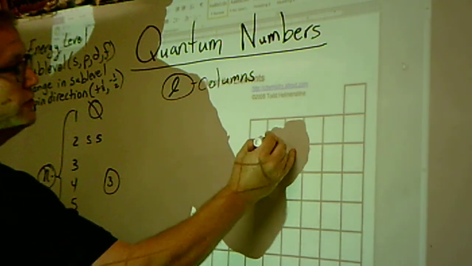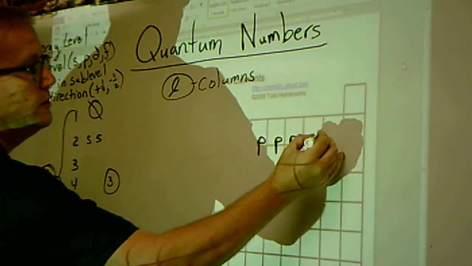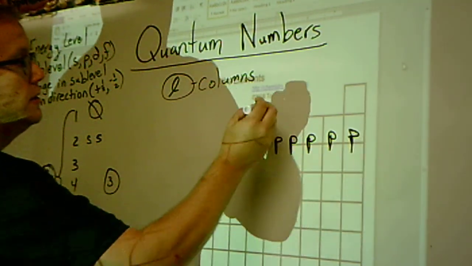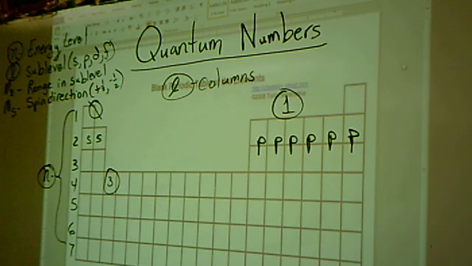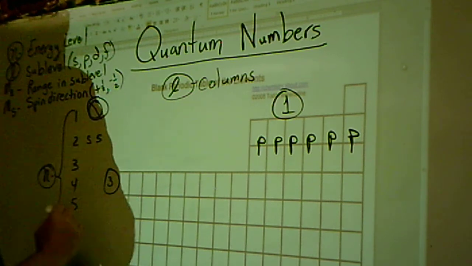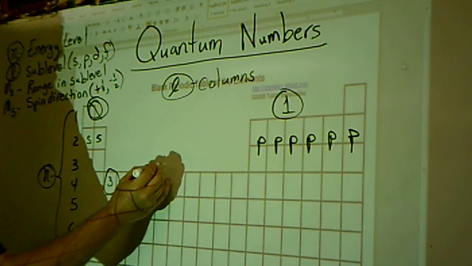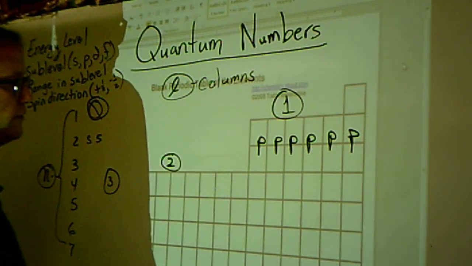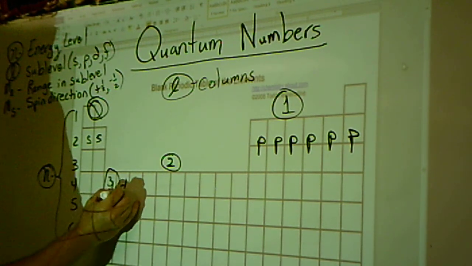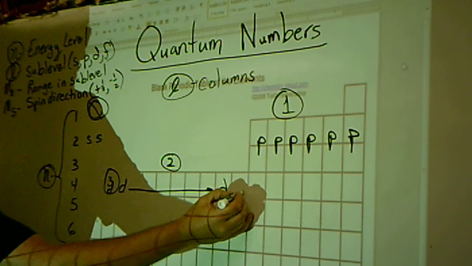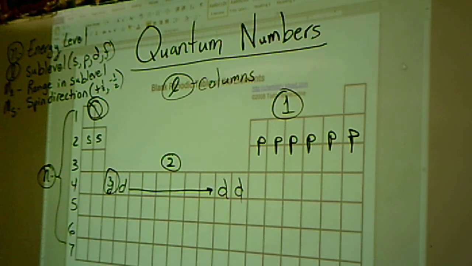Then I have these ones that are the P's, and the next number up would be 1. And then this would be 2, because it's the next number up. So these are all your D's. That would be your L's, so these are your L's.